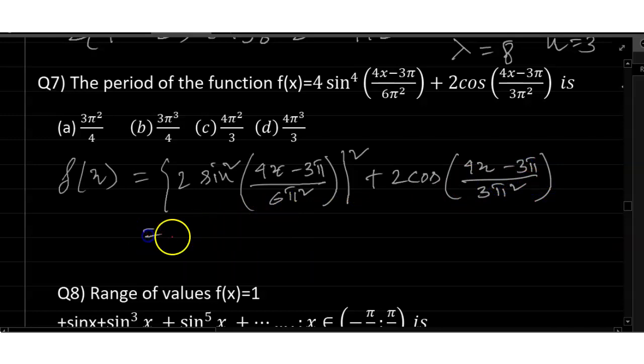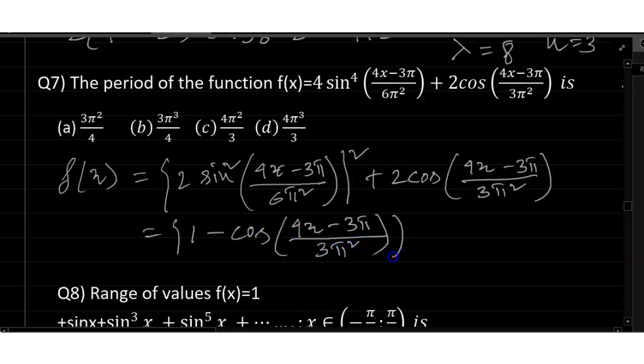We can write this way: 1 minus cos of (x minus 3 pi divided by 3 pi square), it is whole square, and plus 2 cos (4x minus 3 pi divided by 3 pi square).